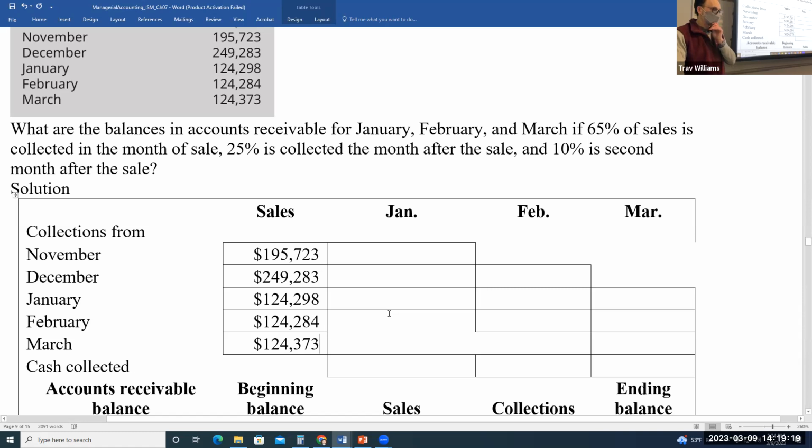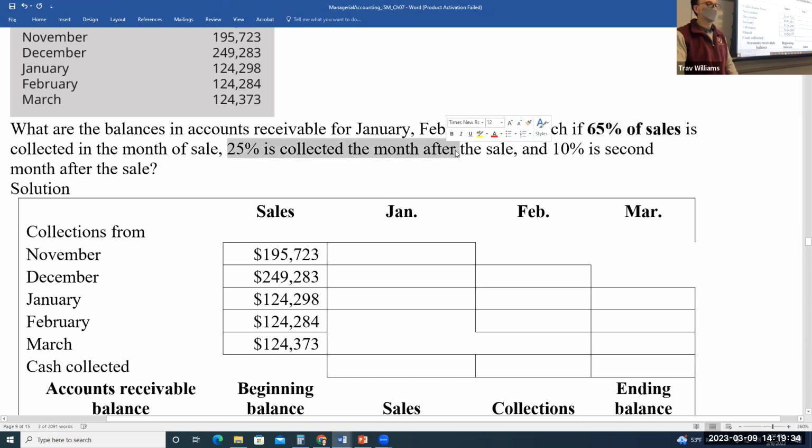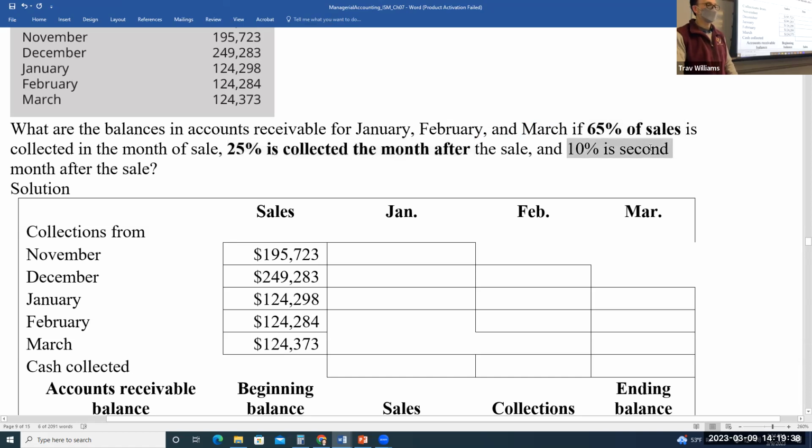And then what we have to do for the first part is look at each month and figure out how much we would be collecting. 65% of sales are collected in the month of the sale. 25% the month after, and the remaining 10% the second month after the sale. Okay? So in January, we're going to collect 65% of January.